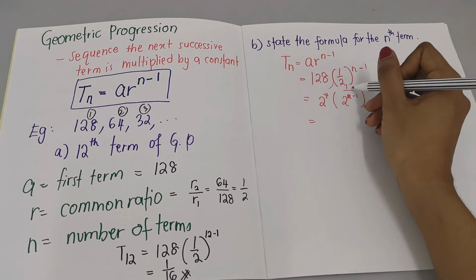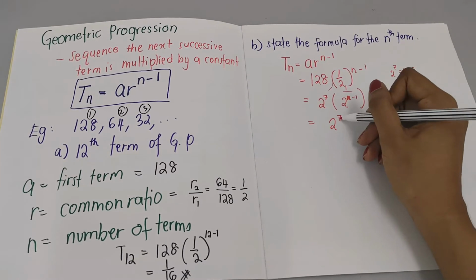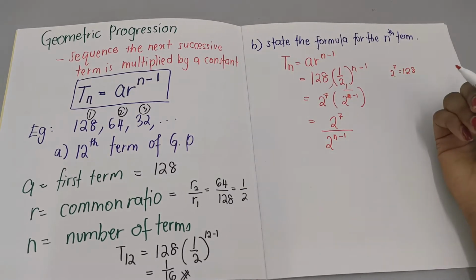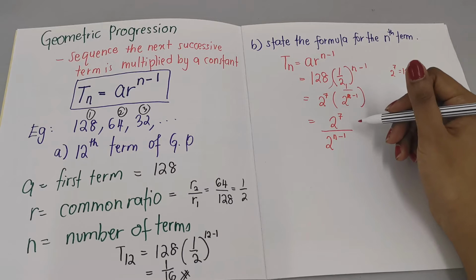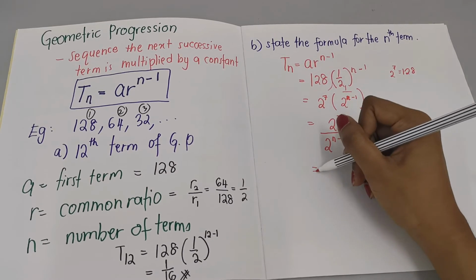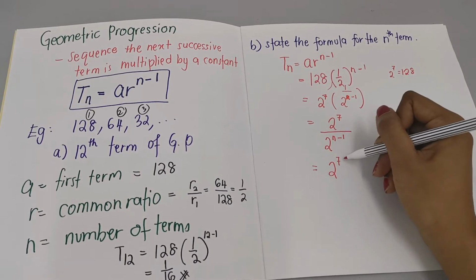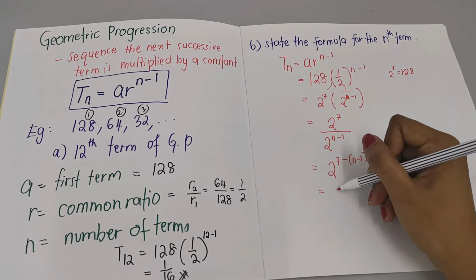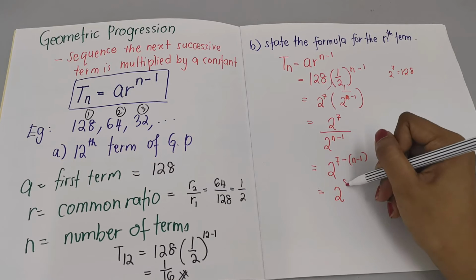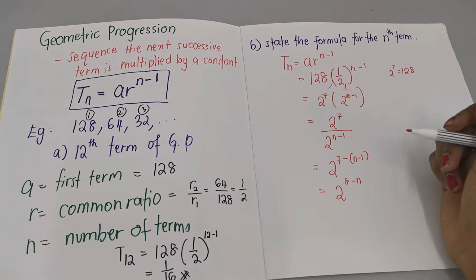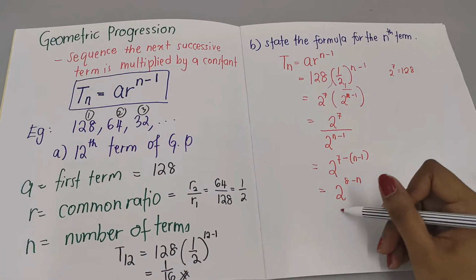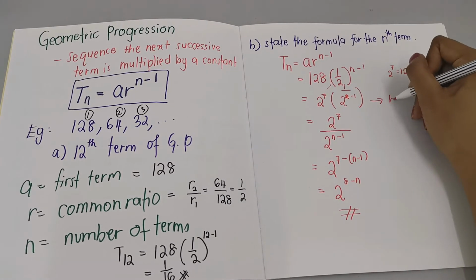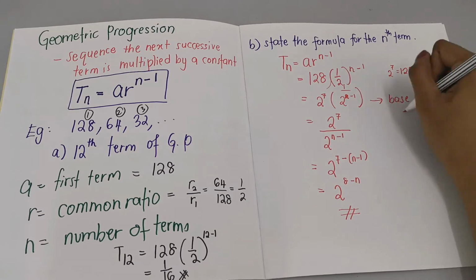So now 2 to the power of 7 times 1 over 2 to the power of n minus 1. So here we can simplify: 2 to the power of 7 minus (n minus 1), which equals 2 to the power of 8 minus n. So this will be our formula for the nth term. So we change this to base 2.